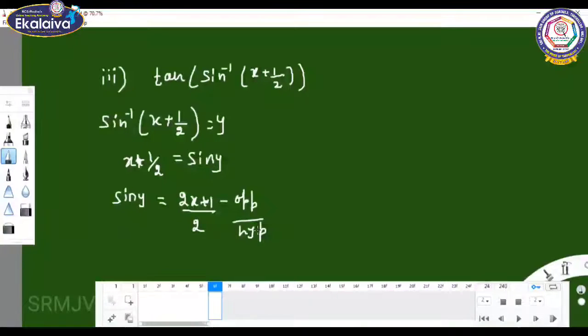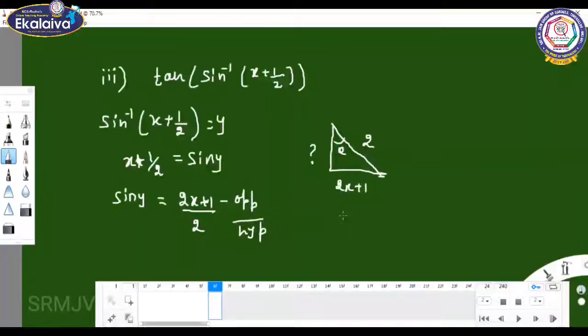See here. What is the value of tan y? See, in a right angle triangle, this is hypotenuse. If it is theta, this is opposite side. We should find out the value of adjacent side.